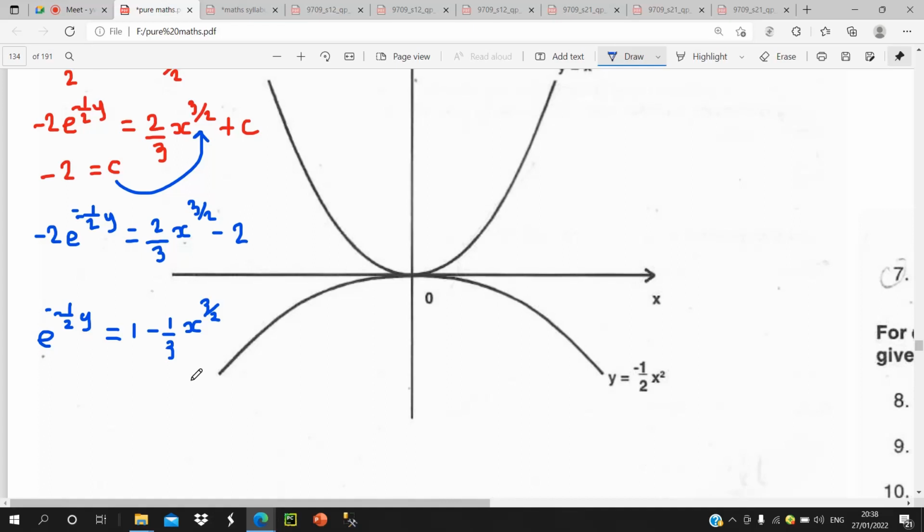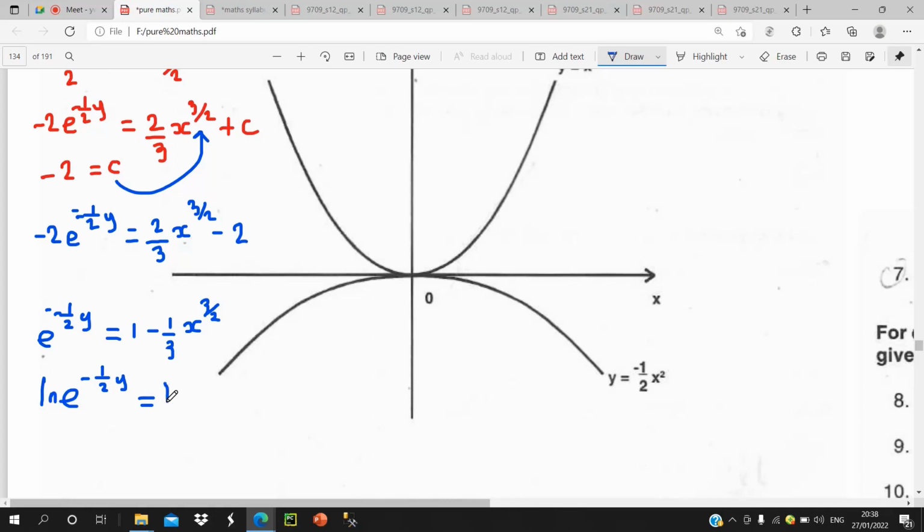Introduce ln. Yes. How? We're going to say ln of e to the power of minus half y. So please, when you introduce ln, you only introduce it once. One ln to one side, one ln to the other side.